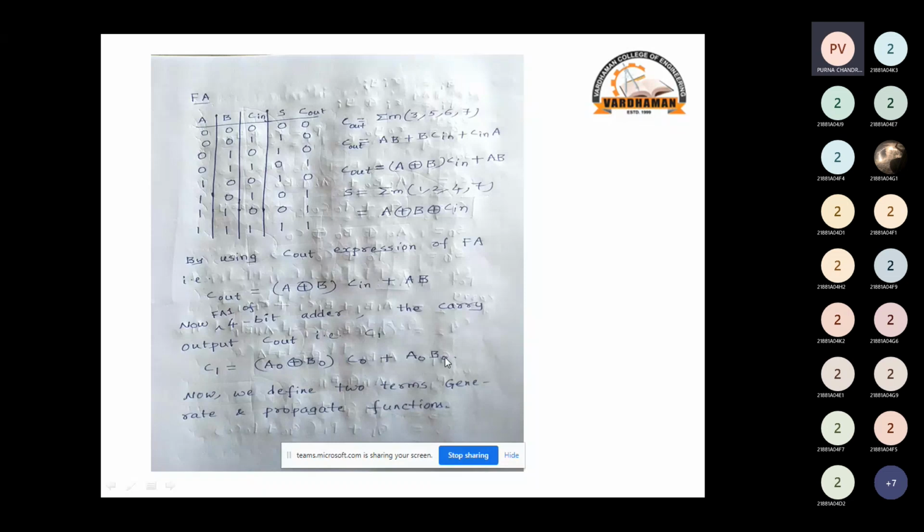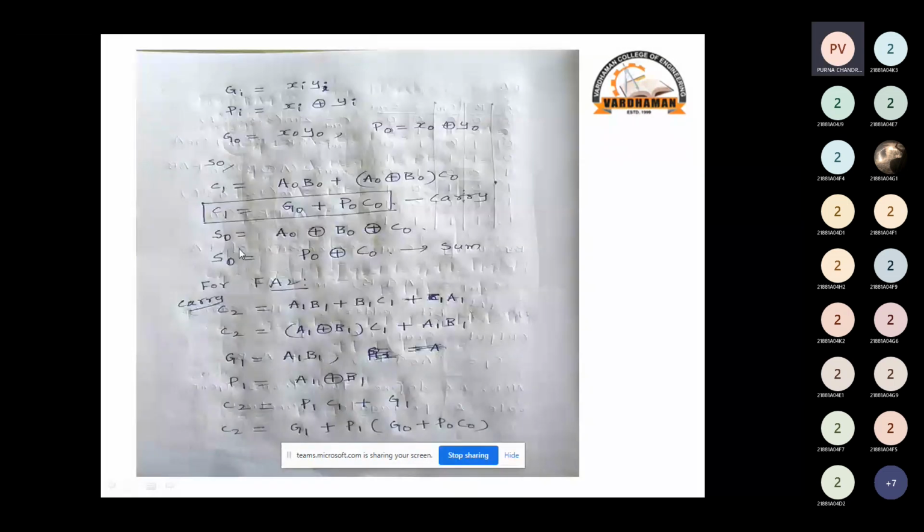In place of A0 B0, we can write G0, and in place of A0 XOR B0, we can write P0. In that way, C1 is equal to G0 plus P0 C0. This is the carry of the first full adder.